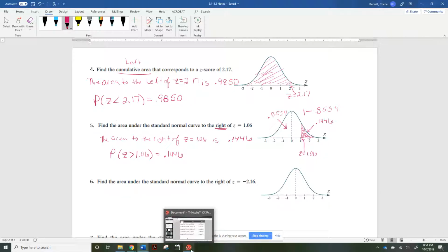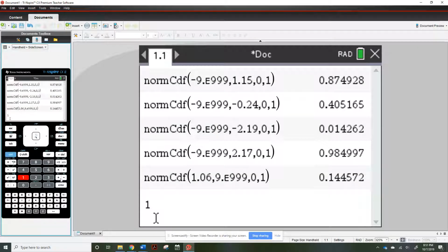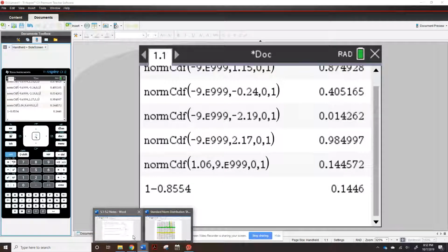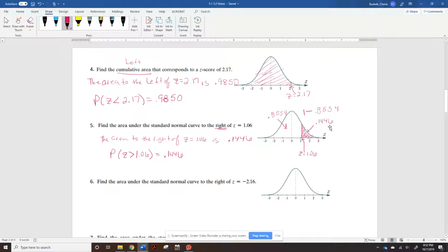So let's see, 1 minus 0.8554. And that's going to give you 0.1446. And 0.1446 is what we got on the calculator.